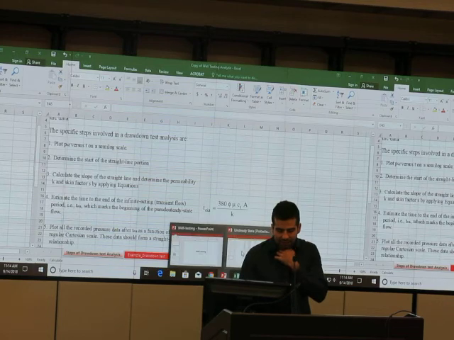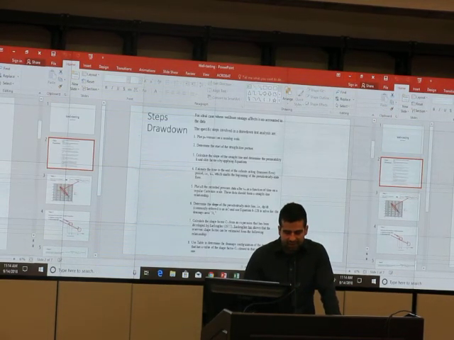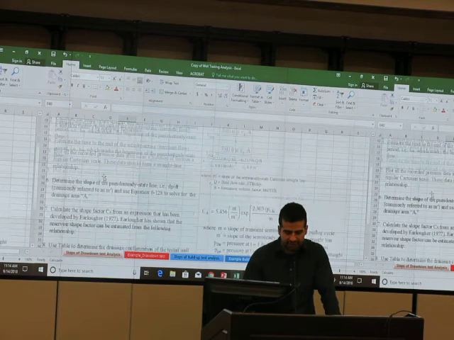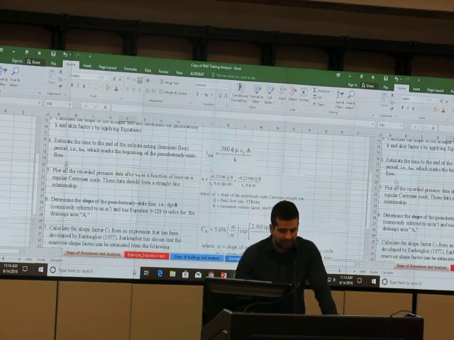So I also made a file in the discussion. It's called steps for drawdown. Okay, these steps are introduced in the Excel file, a copy of well testing in the lecture section by Dr. Yamadi.